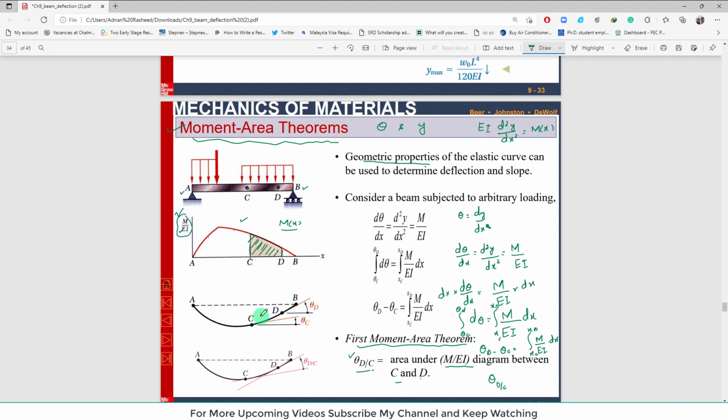I will show it here if you draw the deflection diagram of this beam. It will be like this, that is mentioned over here.